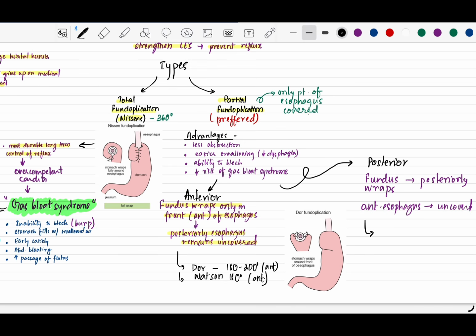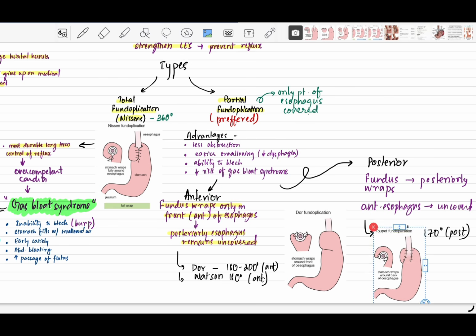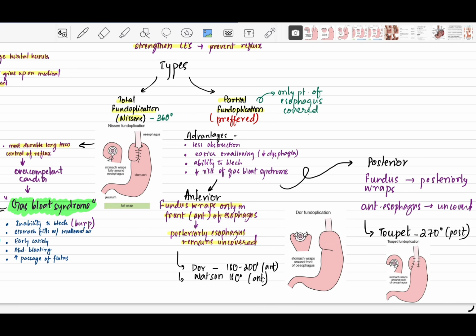It is important to note that we also have a type of posterior fundoplication known as Toupet, where the fundus wraps around at a 270-degree angle posteriorly. We can see it here in the picture as well, that the stomach wraps around the back of the esophagus and anteriorly the esophagus remains empty. So posteriorly it is covered and anteriorly it remains uncovered.